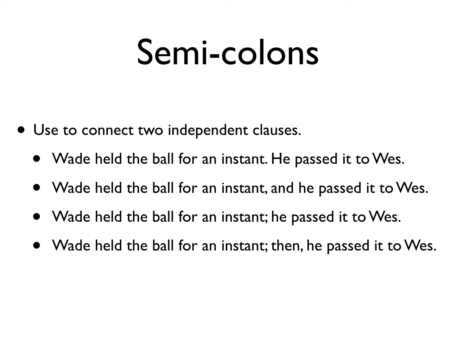Or we can put those two independent clauses together with a semicolon. Or we can put those two independent clauses together with one of those connecting words, one of those conjunctive adverbs, one of those words that helps that transition. So Wade held the ball for an instant, semicolon, then, comma, he passed it to Wes.